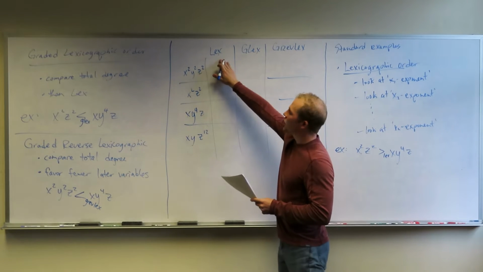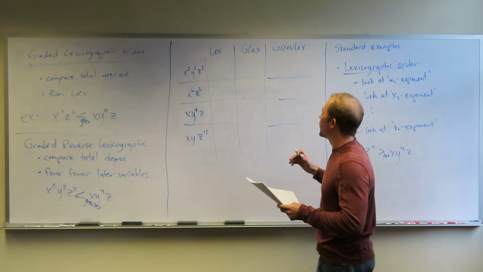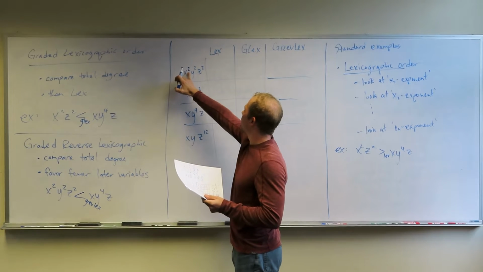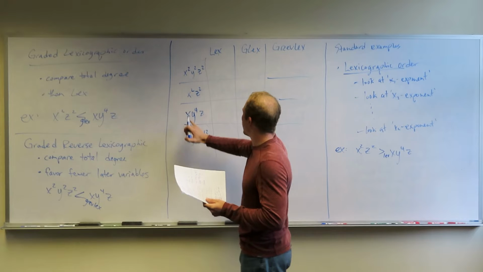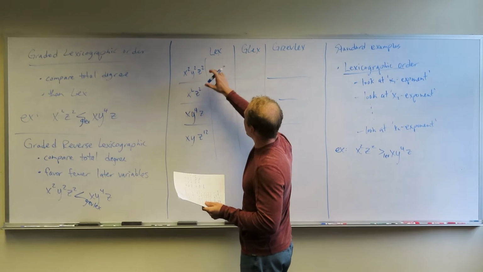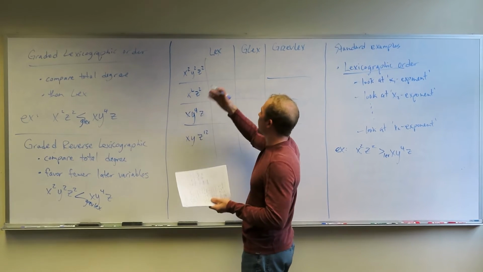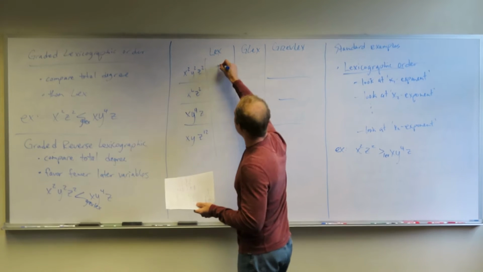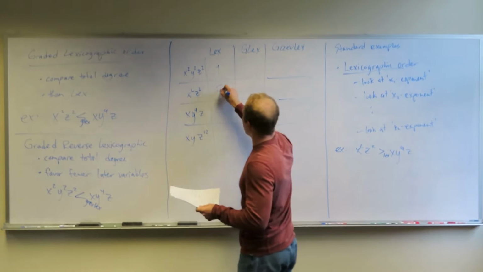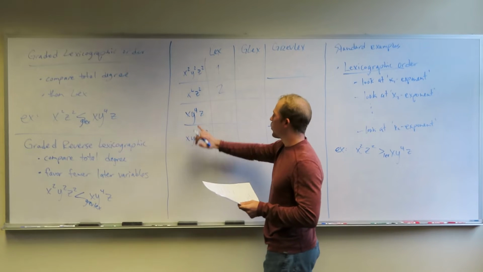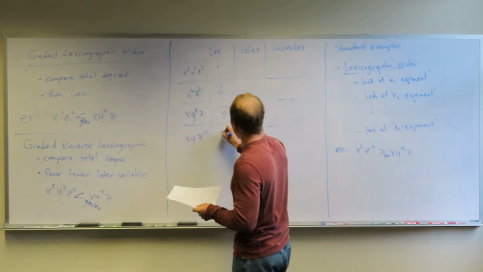Lex is usually the easiest one, at least for me to do by hand. The x exponents here are 2, 2, 1, 1. So if one of these two is going to be the winner, I need to break ties by going down the list. Here I have 2 y's, here I have no y's, so that one wins. Of course, this one will come in second. And here I need to break the tie as well, but here I have 4 y's, and that only has 1. So I get 3 and 4.